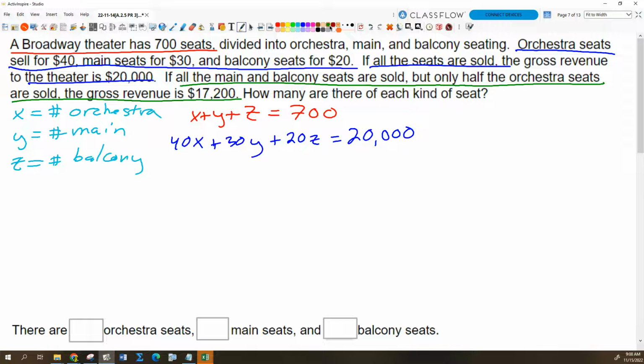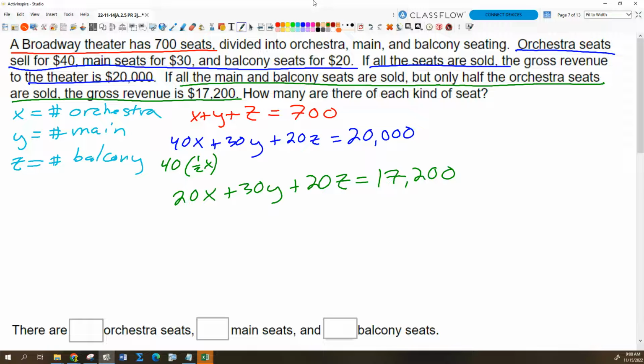Yeah, I'd be saying 40 times half of X, right? I'm only selling half of those seats. So why not just multiply the 40 times the 1/2, and make that a 20? So that first term is just going to become 20x. The rest of it stays the same, doesn't it? Okay, good.